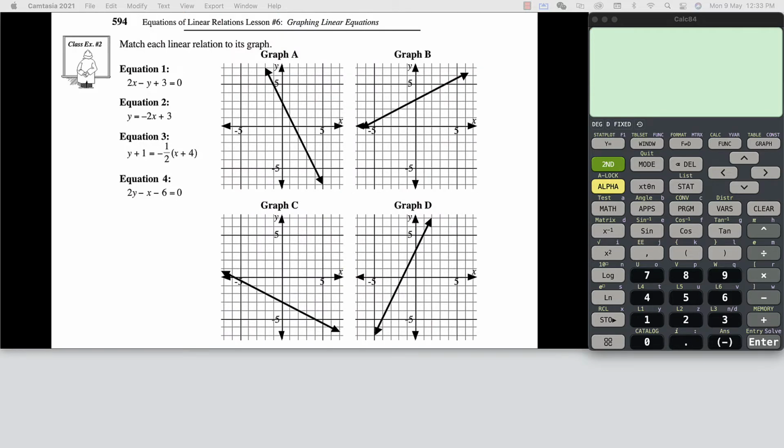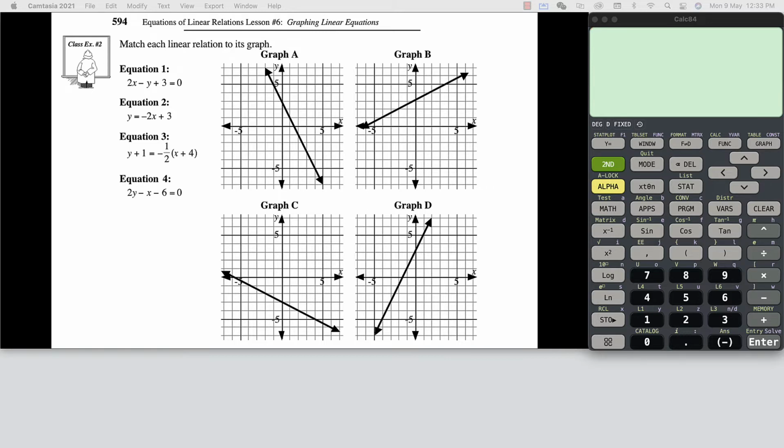Okay, so moving on to class example 2, we've got 4 equations and 4 different graphs. So remember, we just want to be able to analyze these graphs to begin with. So I can see that there are 2 negative graphs and 2 positive graphs.